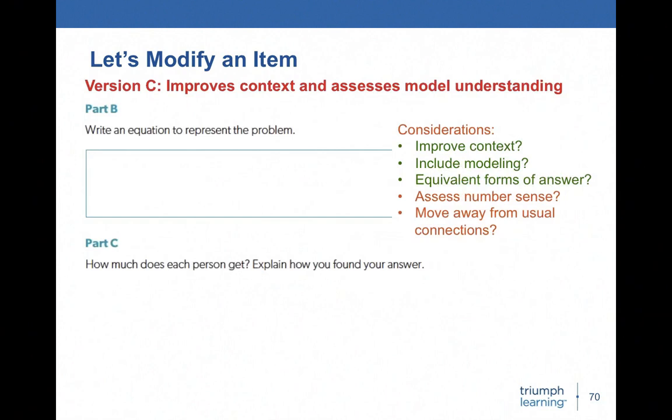Now, again, Miguel and 2 of his friends share 7 rice cakes equally. But the choices now are things like, will it be more or less than 1 rice cake? Will it be more than 3 rice cakes? Will each person receive 3 sevenths? Does 1 rice cake have to be divided into thirds? So I've improved the context, but I've also assessed number sense here.